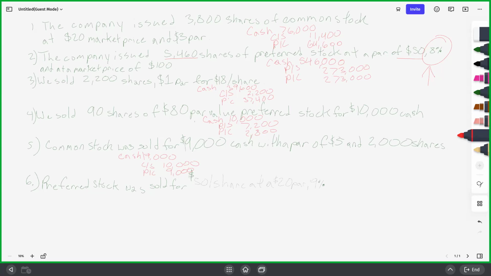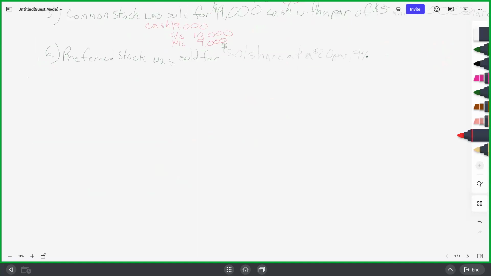So, got the last one here. Preferred stock was sold for $50 a share at $20 par, 9%. Is it cash or loan? Oh wait, did I never give a par value or share?